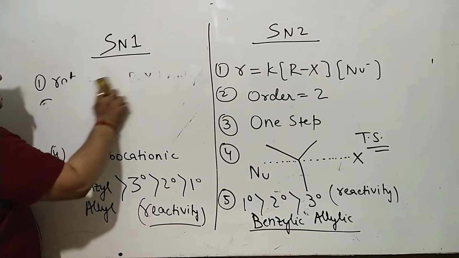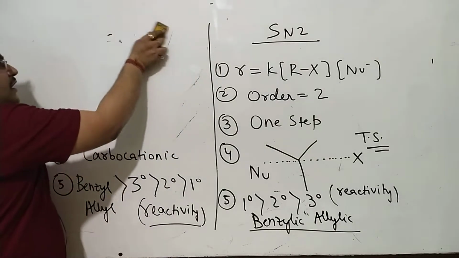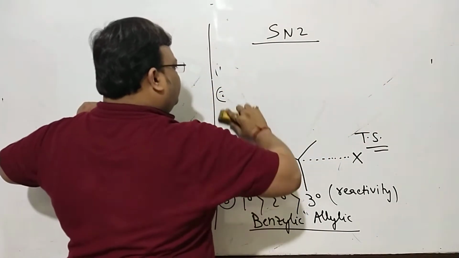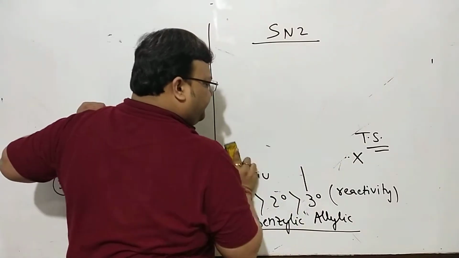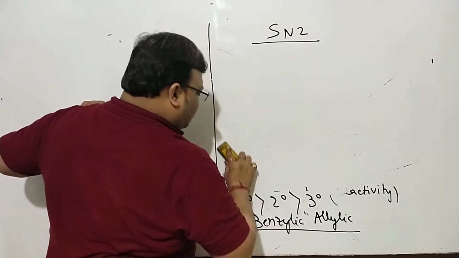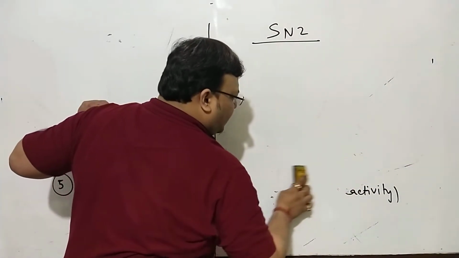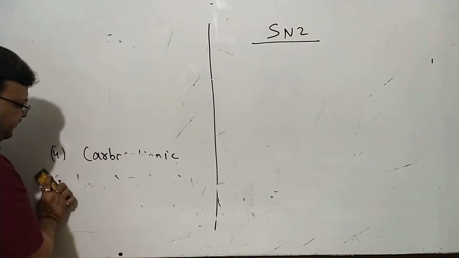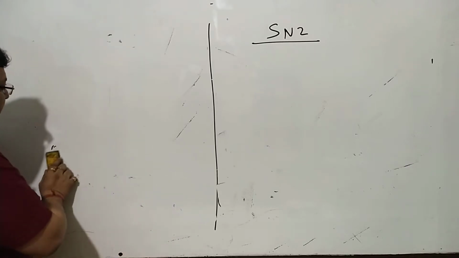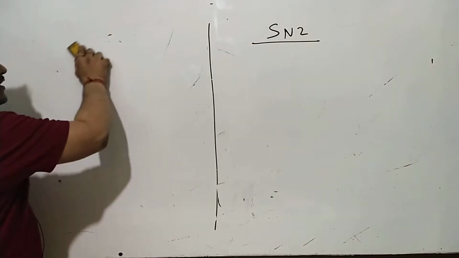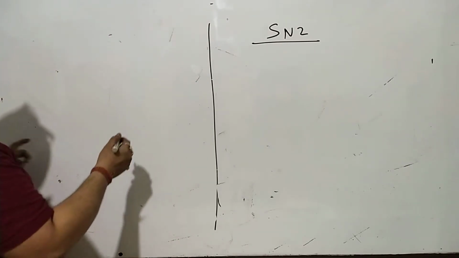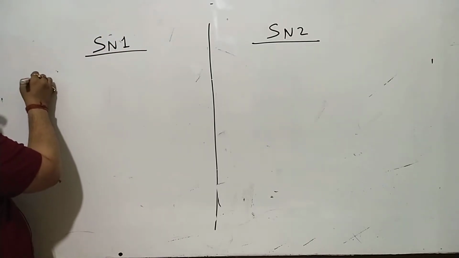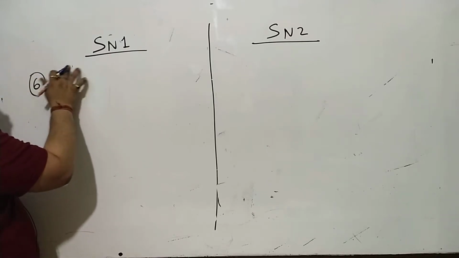What's also common is about halides which are very less reactive. You know a couple of halides, vinylic and arylic, which are very less reactive, both for SN1 and SN2. You'll see what is vinylic.